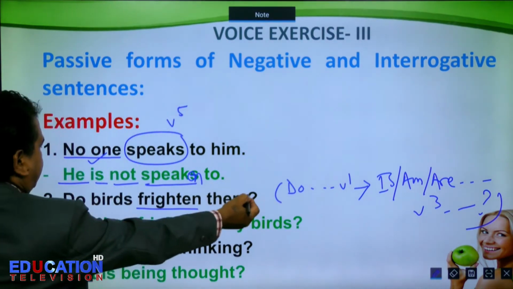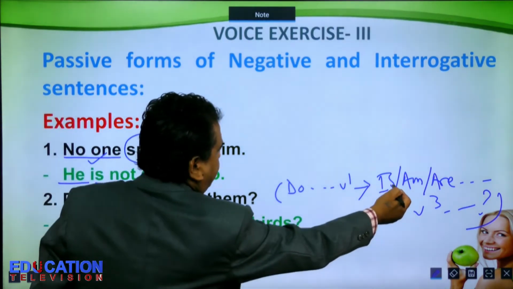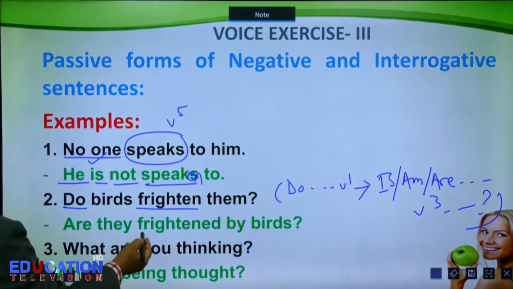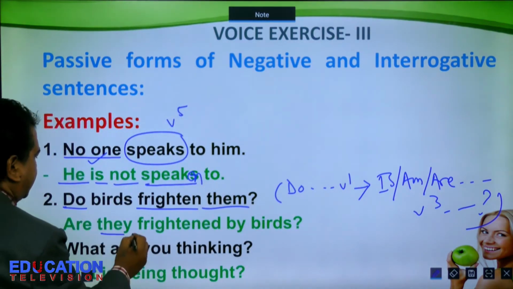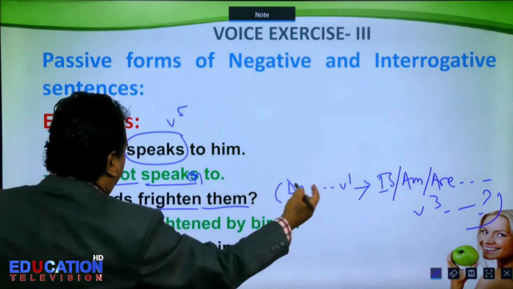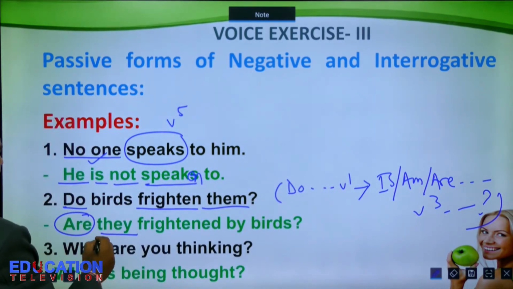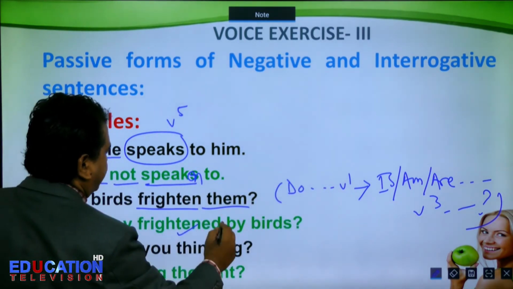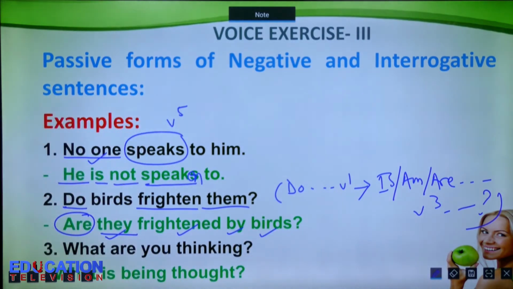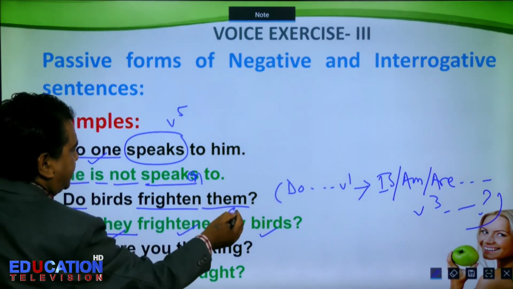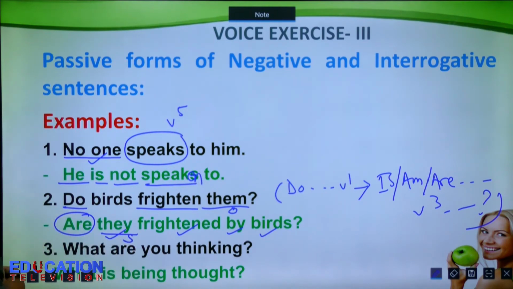Do birds frighten them? In this is, are, them is here as subject. So in this is, are, we have got here are. Are they frightened by birds? Same. The object is drawn here as subject.